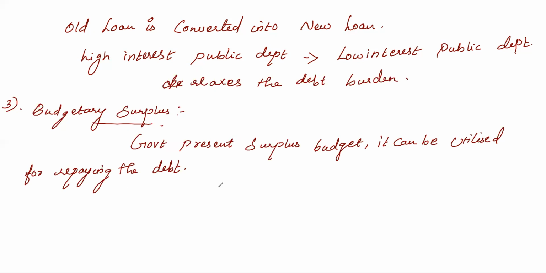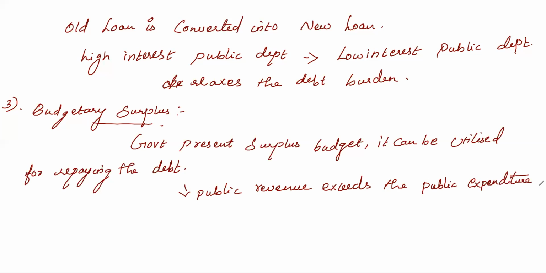So surplus occurs when the public revenue exceeds the public expenditure. Okay, so however this method is rarely possible.